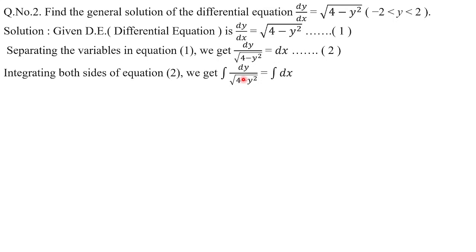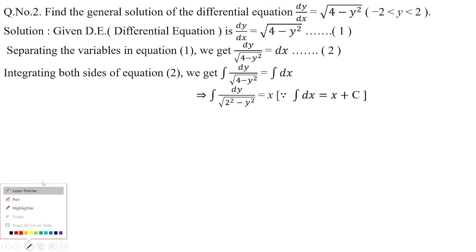Then can you tell me how do you find integral dy by square root of 4 minus y square? How do you evaluate? Yes, here 4 is there, we can write 4 as 2 square. Yes or no? So integral dy by square root of 2 square minus y square is equal to, in the RHS, integral dx.